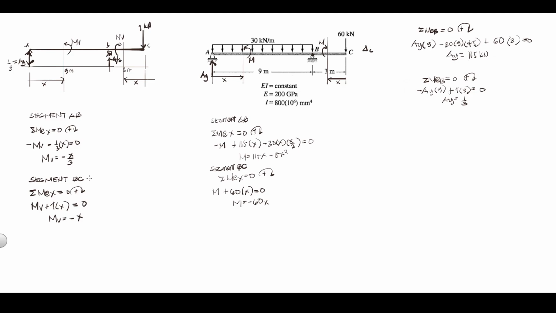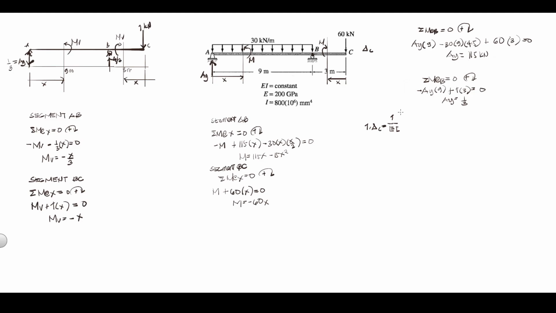So let's solve for delta C. Okay, from the equation, 1 times delta C is equal to the summation of all the integration per segment. Okay, so I think para-parehas naman, EI is constant, so we can separate EI.